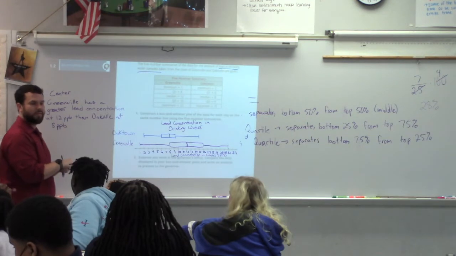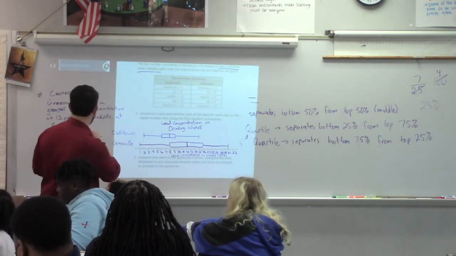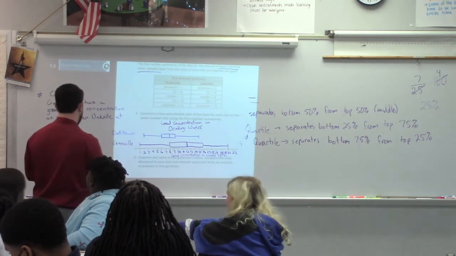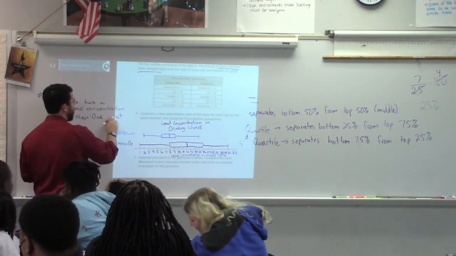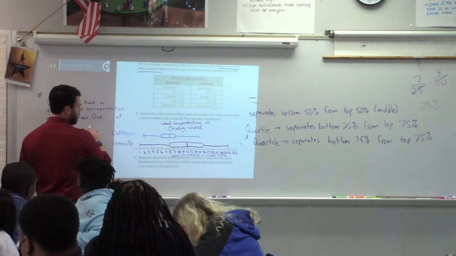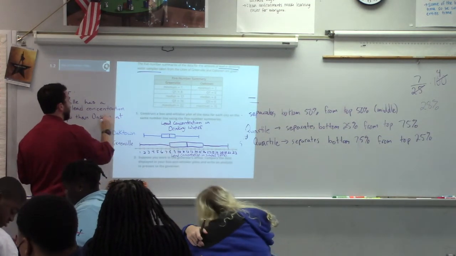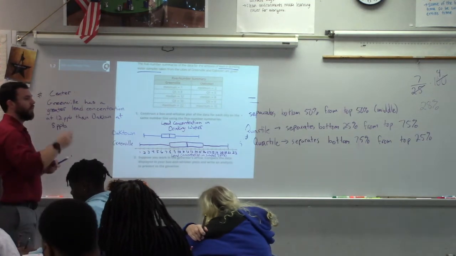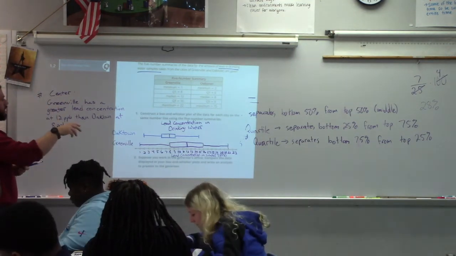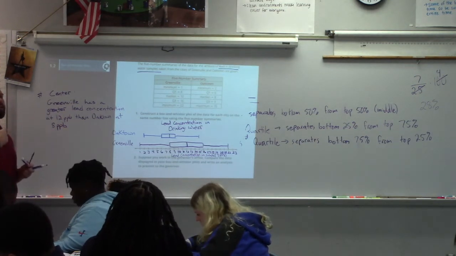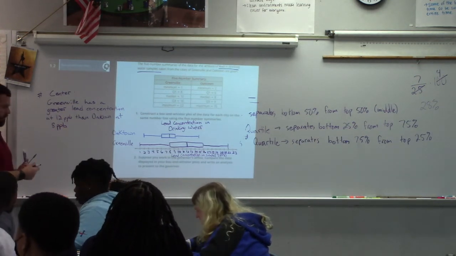No. Say again. Oh, it's Oaktown? My bad. It's Oaktown, because it's Greenville. Gotcha. That's what it was. Oaktown, thank you. Okay, so the range is 21 versus 13, but more importantly, that means which one is greater? Greenville.